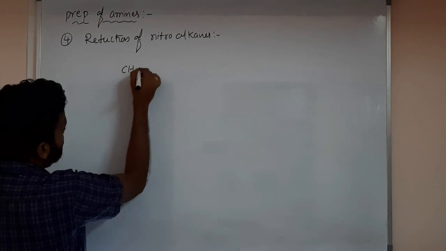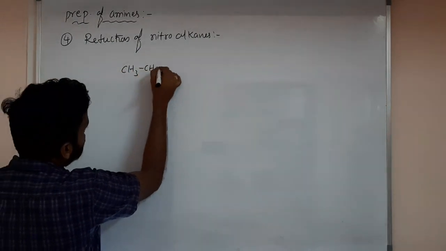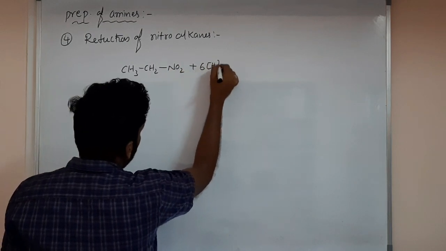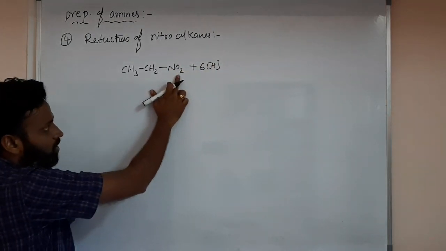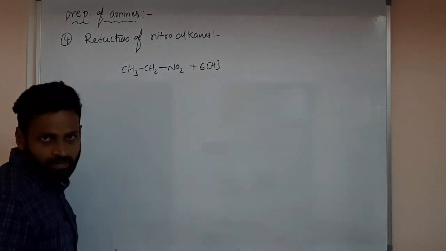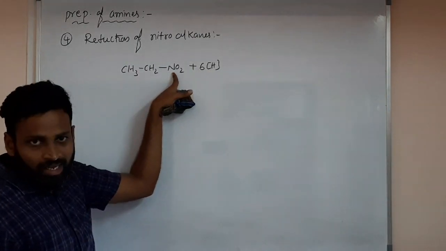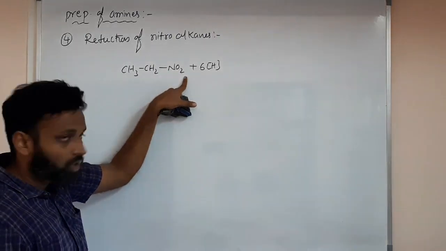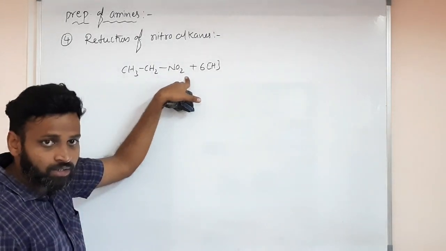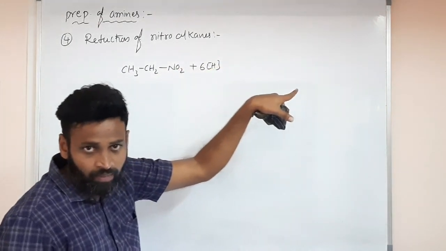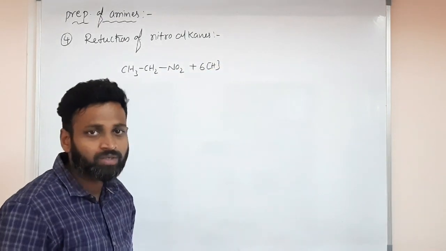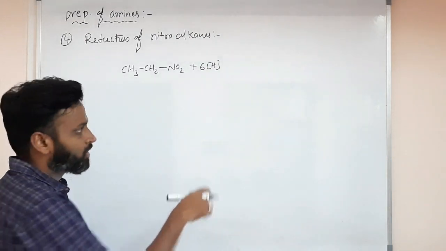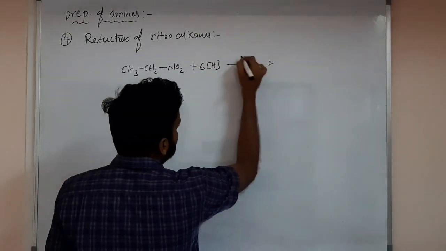So CH3, CH2, NO2. 6 moles of hydrogen is required, because NH2 needs 2 hydrogens, and 2 oxygens combine with 4 hydrogens. Nitrogen must have 2 hydrogens to form NH2, and 2 oxygens combine with how many hydrogens? 4, because H2O will form, no sir. 1 oxygen, 2 hydrogens, H2O. So 6 moles of hydrogen.